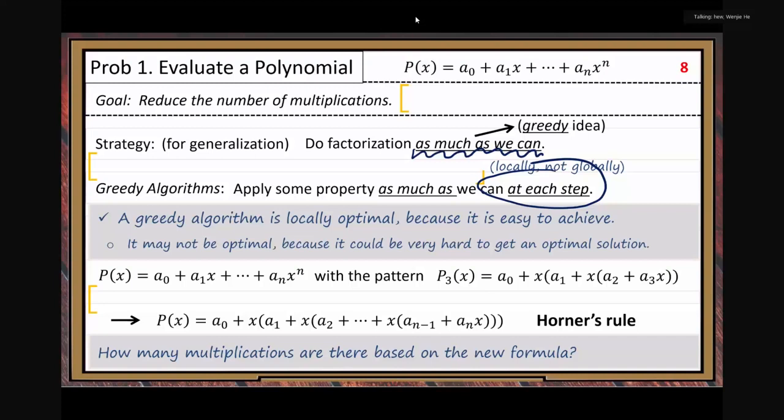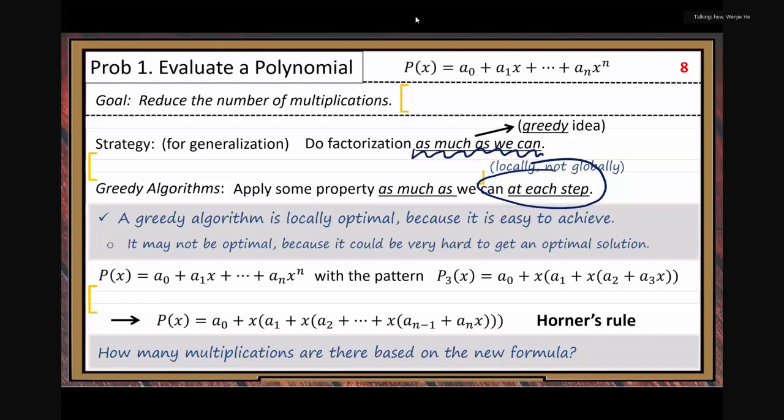Why n? Can anyone explain how you get n? Good, by induction. When the degree is 2, we have 2. When degree is 3, we get 3. So then, by induction, you get n. So that's one way.